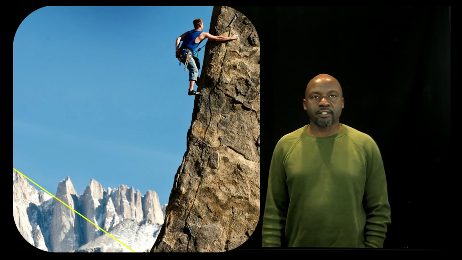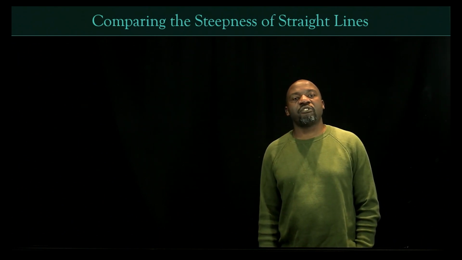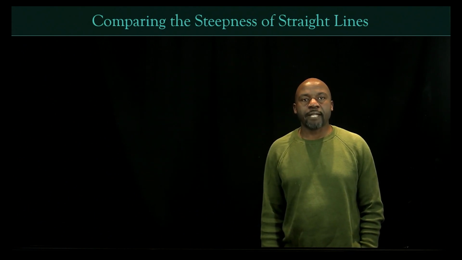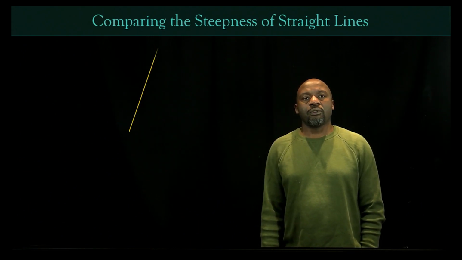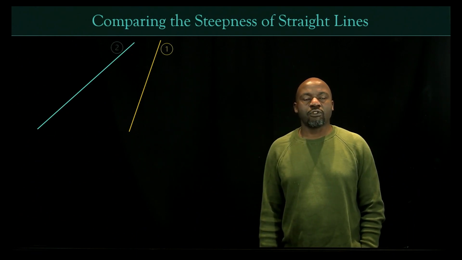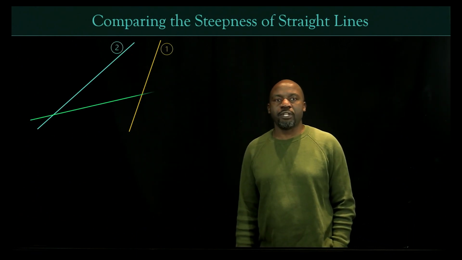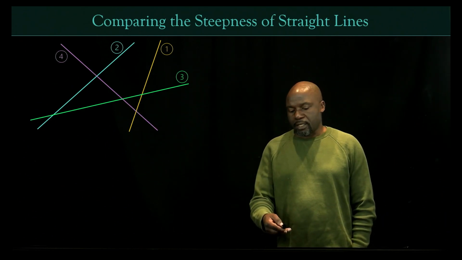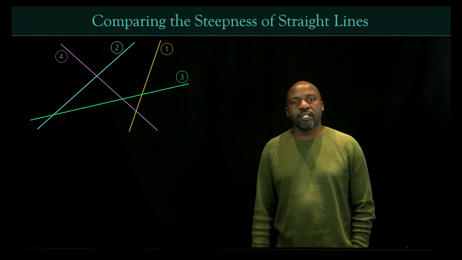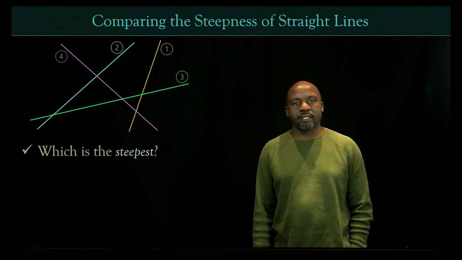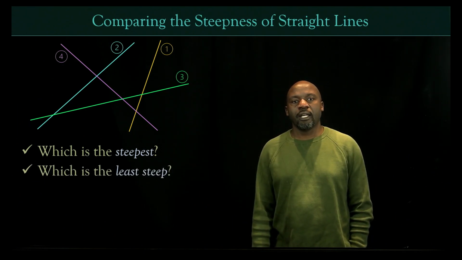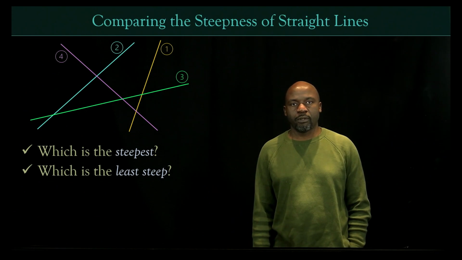Okay, so I want us to think of the idea of gradient by first of all looking at the steepness of lines. We're going to look at a number of lines here. I think I've drawn 4 lines, and I want you to pause the video and think about the questions that I'm posing right now. The first question is, which of these lines would you say is the steepest? Which of the lines do you think is the least steep?